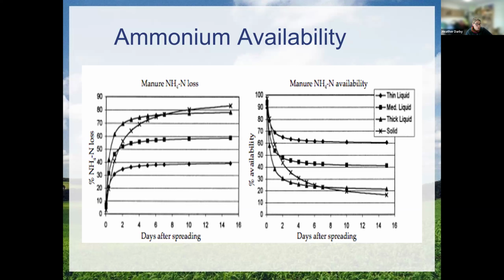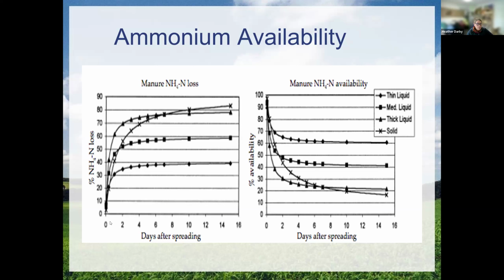But if you're on a cornfield, the longer you wait to incorporate, the greater the risk of loss of that urea. So if you're growing a crop where you're using tillage and you can incorporate that manure or inject it, you're going to want to do that as soon as possible to minimize the loss of the urea nitrogen.